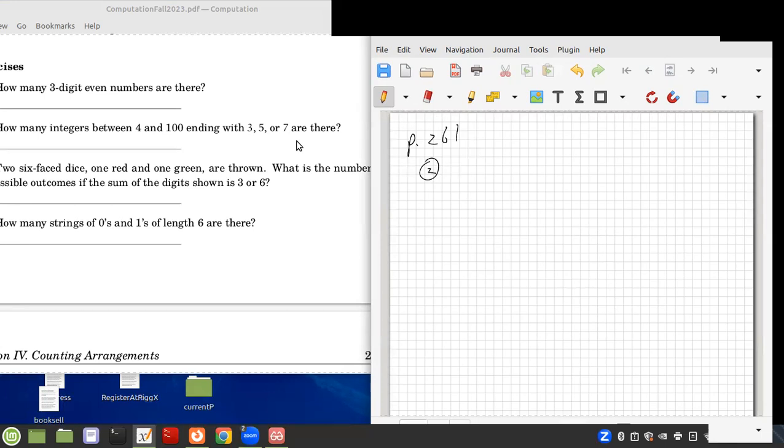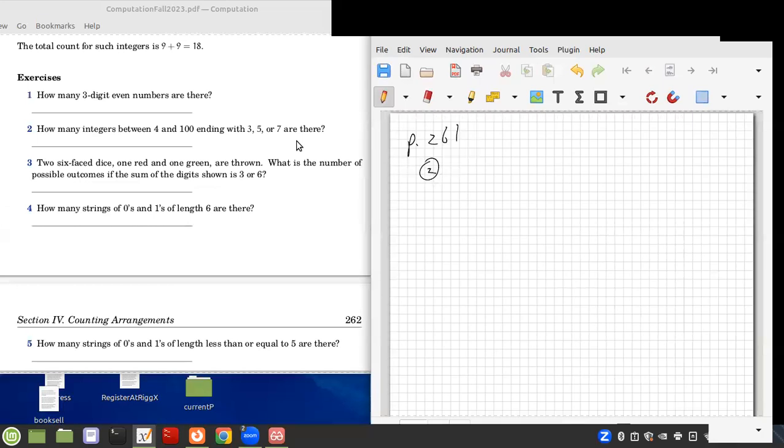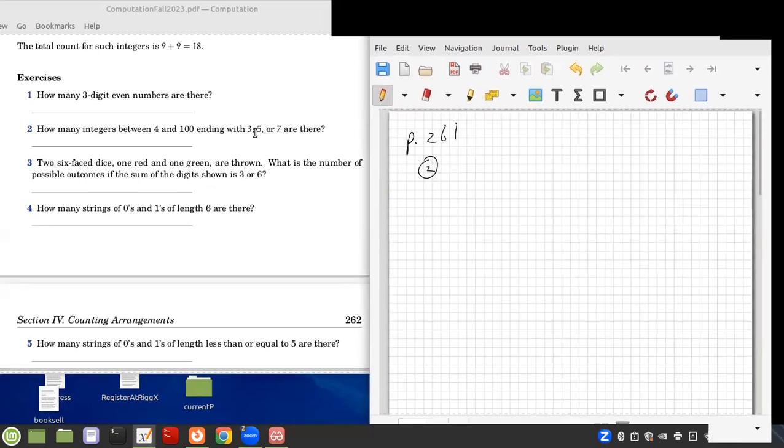You ready? Okay. Let me see. There's probably different ways of doing this. For example, if they're less than 100, there's only 2 slots for the numerals, right?